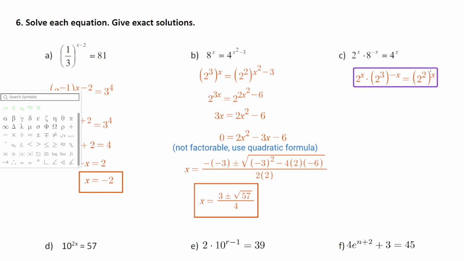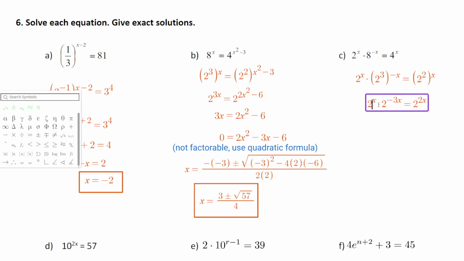Whenever I raise a power to a power, just like in the last couple problems, you're going to make sure to multiply those powers. So 2 to the x times 2 to the power of negative 3x equals 2 to the power of 2x. Now over here, I've got 2 to the x times 2 to the negative 3x.